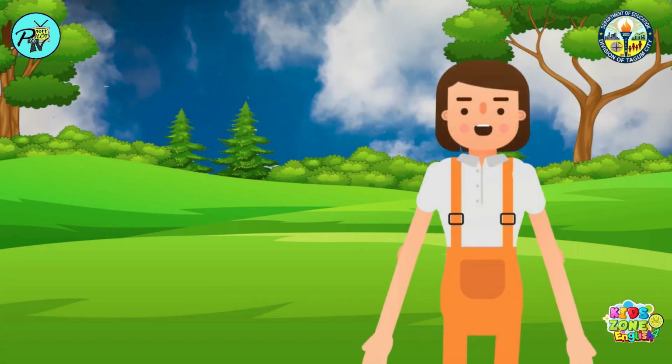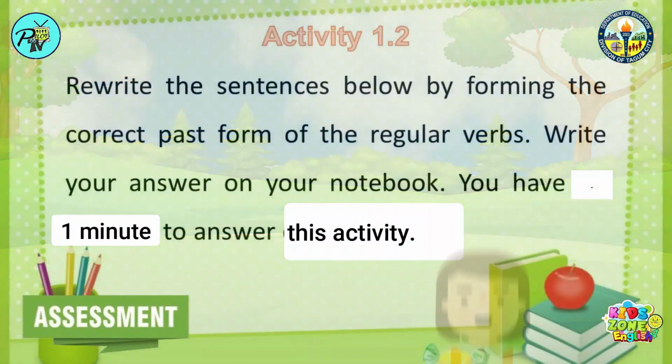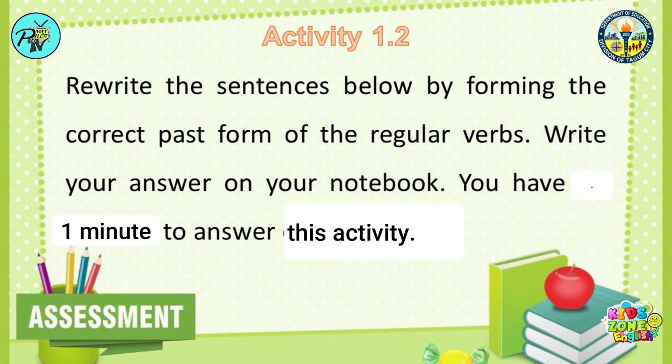Thank you, Teacher Abby. Now, let's assess your knowledge for today's lesson. Rewrite the sentences below by forming the correct past form of the regular verbs. Write your answer on your notebook. You have 1 minute to answer this activity.